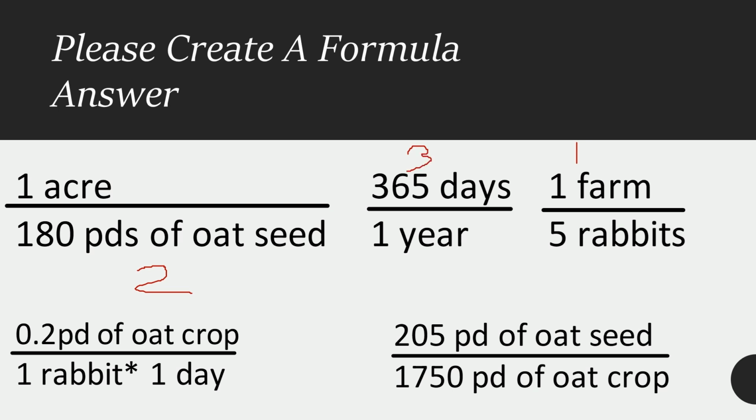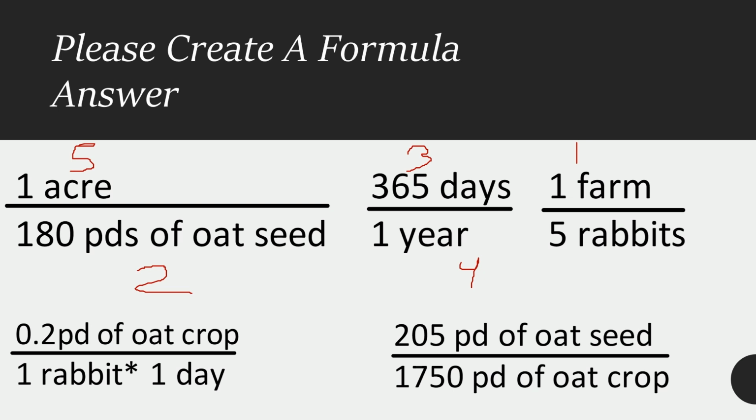If I know how much they eat per year, I've got to figure out how much seed I need to plant to produce that kind of food. And if I know how much seed I need to plant to produce that kind of food, now I need to know how much space all that seed is going to take up, right? So you could do it that way.